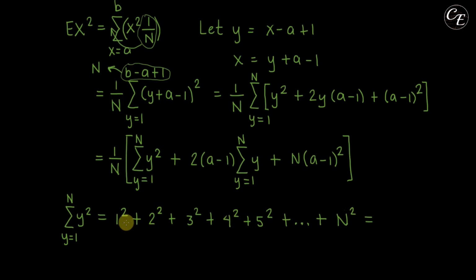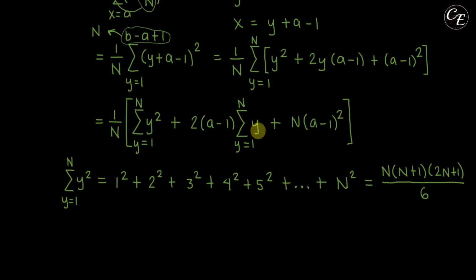Now for this series, from algebra or from discrete mathematics, the sum of the series has a formula of n times n plus 1 times 2n plus 1 over 6.